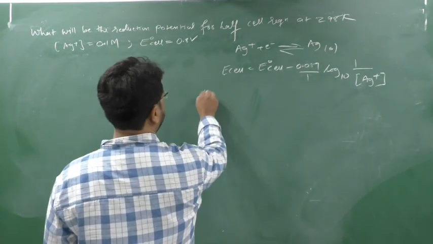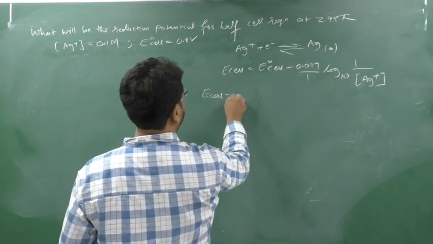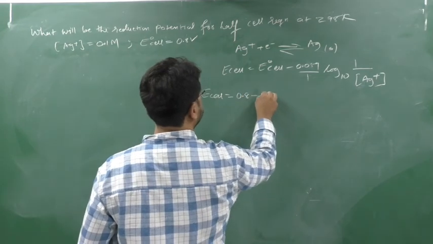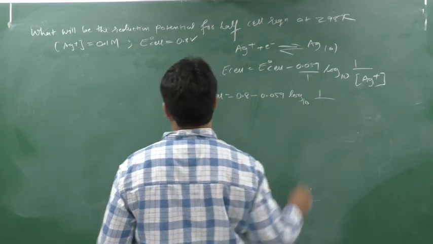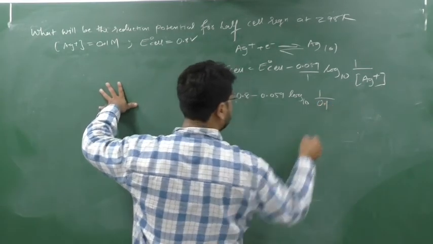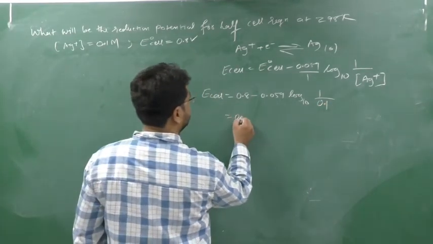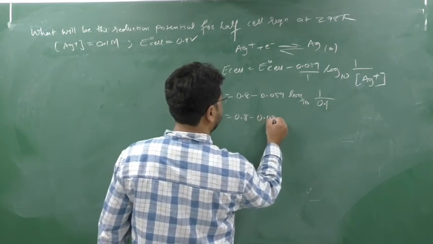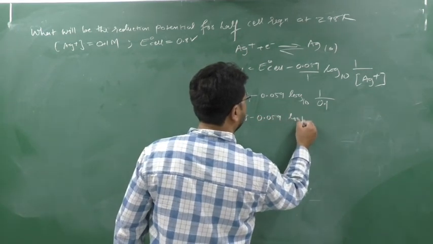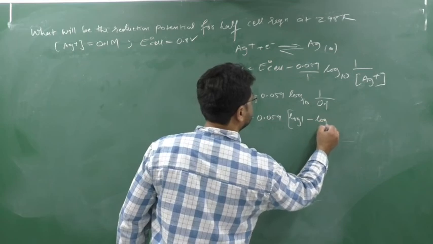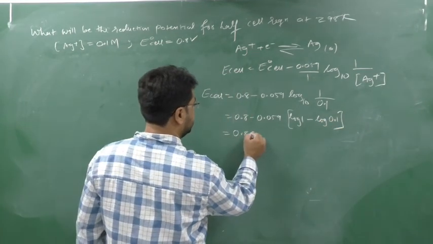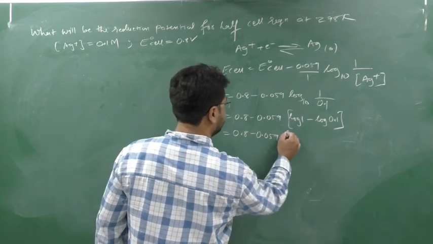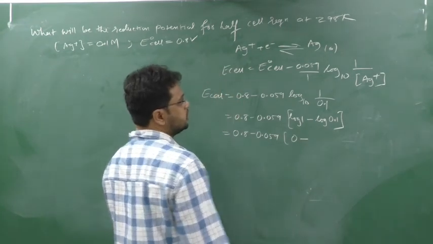So E cell equals 0.8 minus 0.059 log to the base 10, 1 upon 0.1. 0.8 minus 0.059, log 1 minus log 0.1. 0.8 minus 0.059, 0 minus log 0.1 means what, beta?